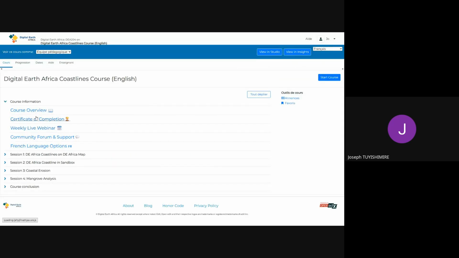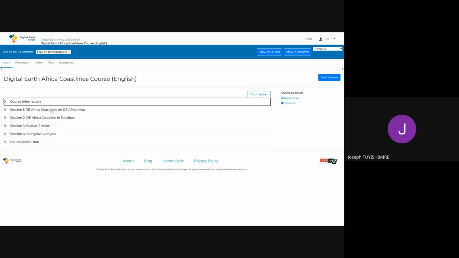This course shows us how we can work using the Africa map to understand coastal erosion, mangrove analysis, and other aspects of spatial analysis.